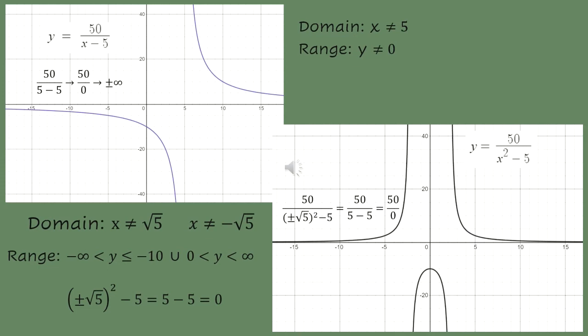The reason we hit that negative 10 is if you make the equation negative 10 equals 50 over x squared minus 5, you can solve that for x and you get x equals 0. So that's sort of the breaking point between getting a positive value and a negative value for the x squared.